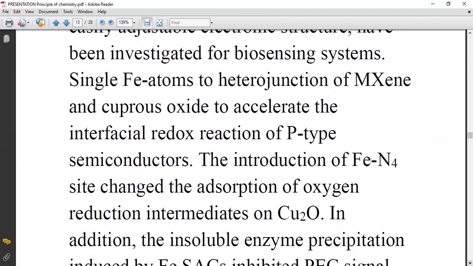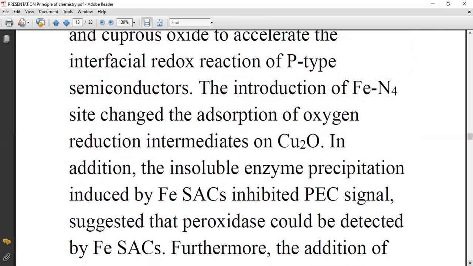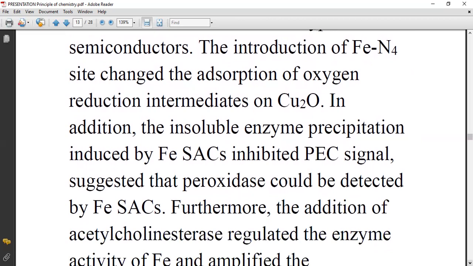Single iron atoms were added to the heterojunction of MXene and cuprous oxide to accelerate the interfacial redox reaction of p-type semiconductors. The introduction of iron nitride sites changed the adsorption of oxygen reduction intermediates on cuprous oxide.